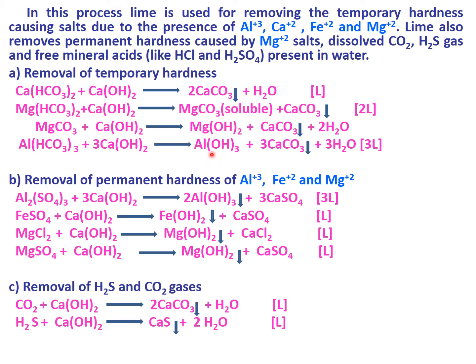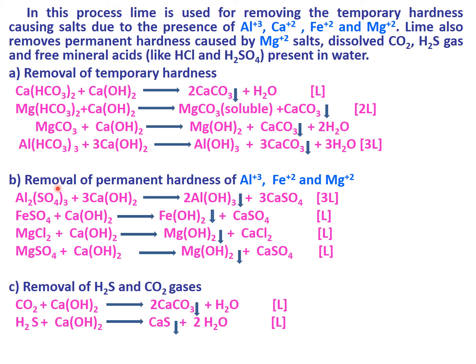It makes aluminium hydroxide as a precipitate, calcium carbonate, and 3 molecules of water. So I think it is clear from these reactions what is happening in the purification process.